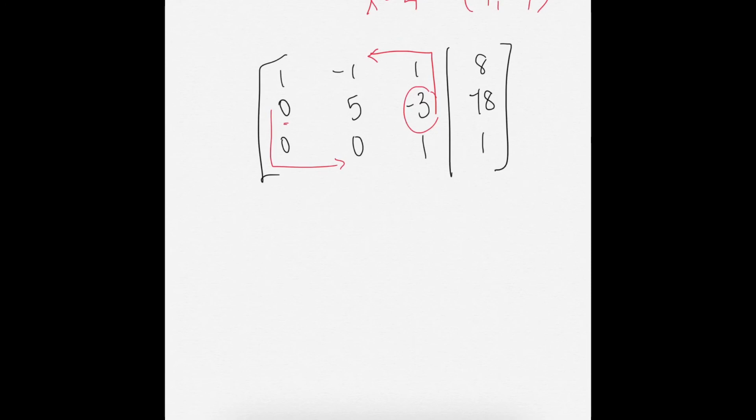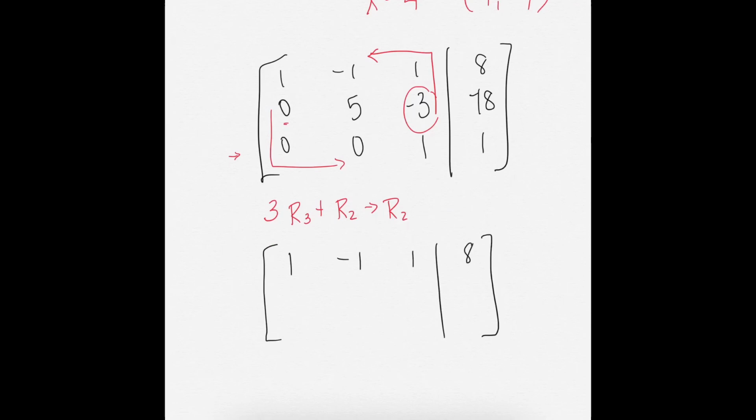Make sure you don't undo anything, because notice I have a 0 there. I don't want to undo it. So I think I'm going to have to use row 3 with my row 2. If I multiply 3 times row 3 and add that to row 2 and replace my row 2, that should work. So I'm going to rewrite the row 1.